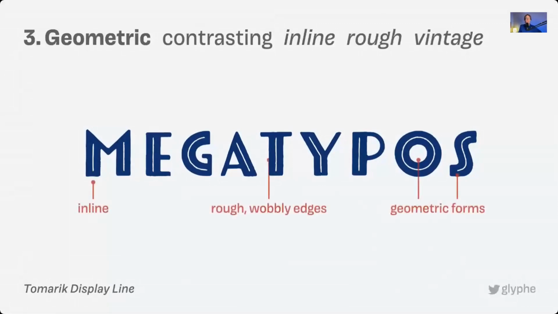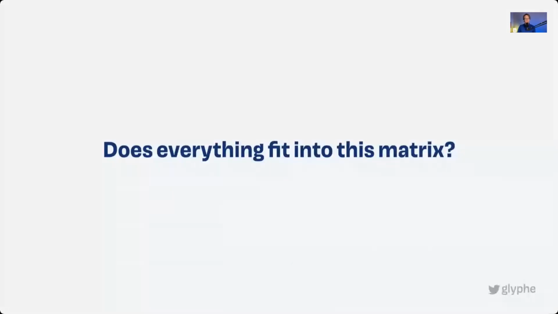So this form model still persists, even though I added a lot of other layers of contrast and inline and whatever. And you can imagine that this could fit well together with Futura or something like that, because same form model, but other additions on top. So final question here: does the matrix fit, or does everything fit into this matrix?